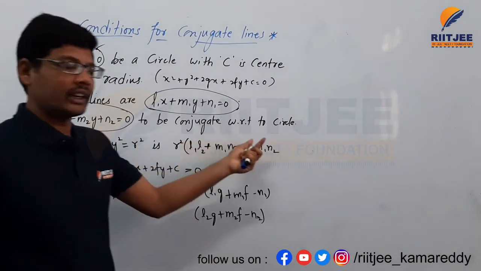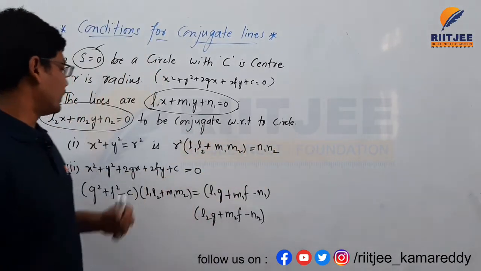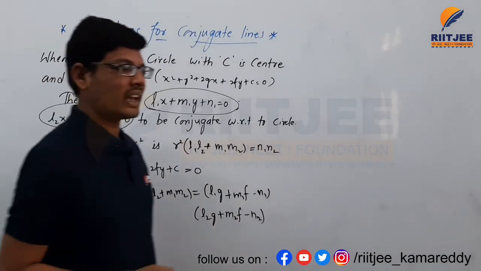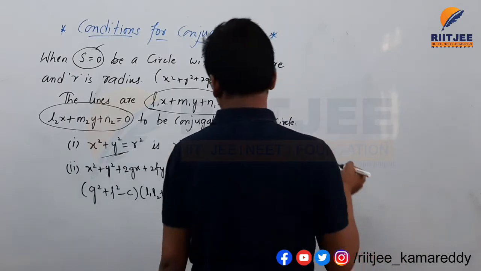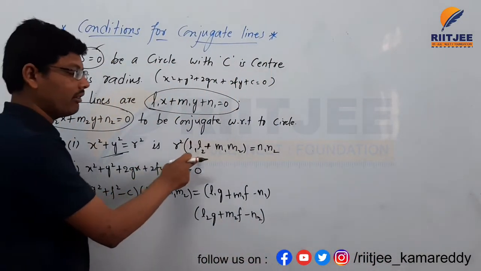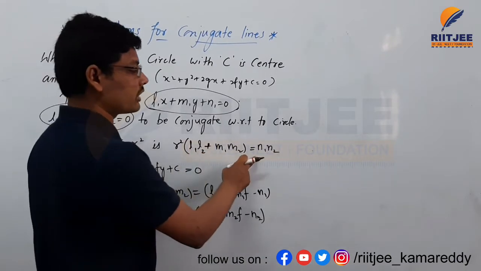To be conjugate with respect to the circle, two conditions are there. First one, if the circle has its center at origin, then the condition is R square into L1 L2 plus M1 M2 is equal to N1 N2.